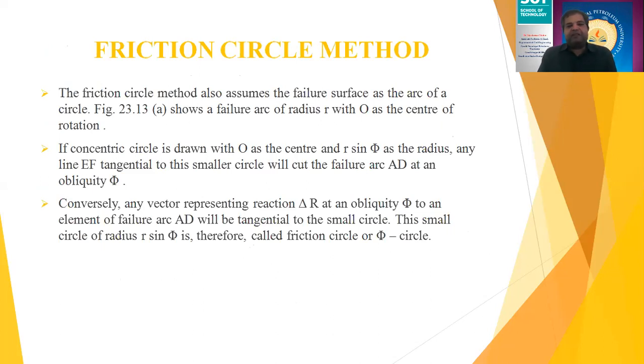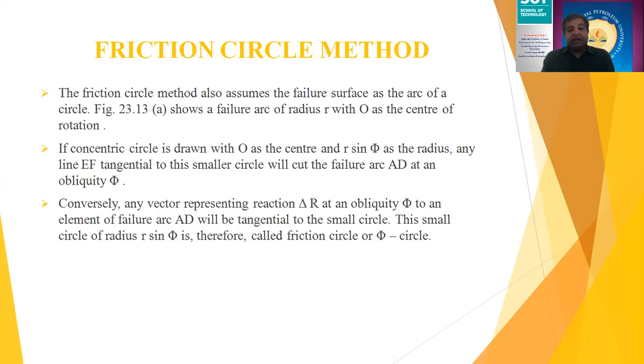This particular friction circle method is used for three different conditions. First, it is used for total stress conditions. Second, it is used for cohesive friction soil, right? So this method is useful for this type of soil.